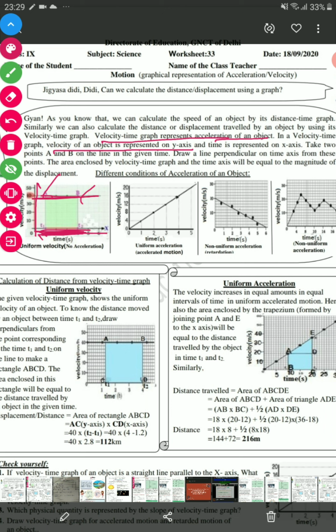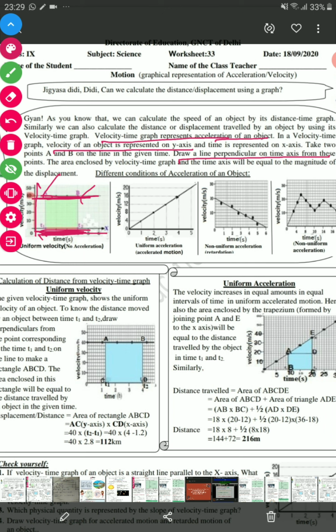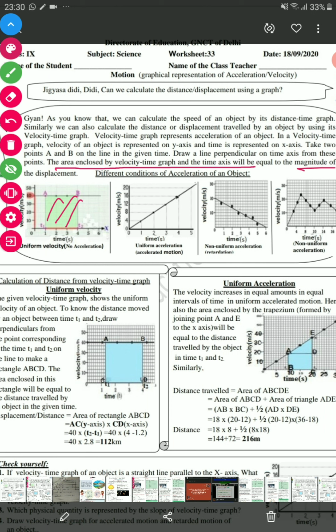Taking these two points parallel to this, draw the lines perpendicular to the time axis from these points. These are the time axis, these are the perpendiculars to the time axis. Then the area enclosed by the velocity time graph and the time axis will equal the magnitude of displacement. This is the way we can calculate the displacement.